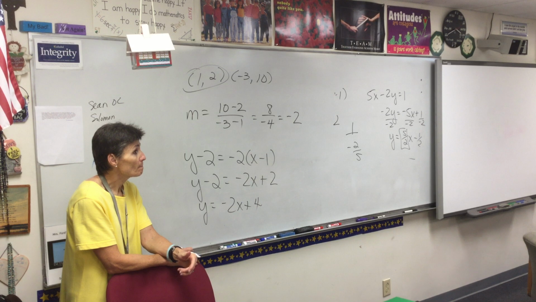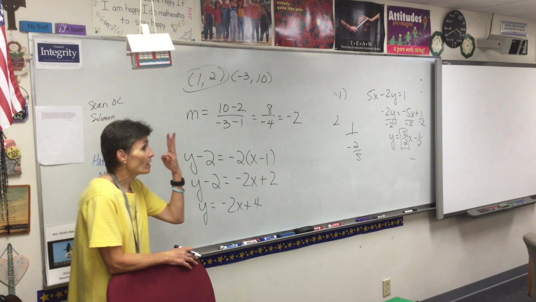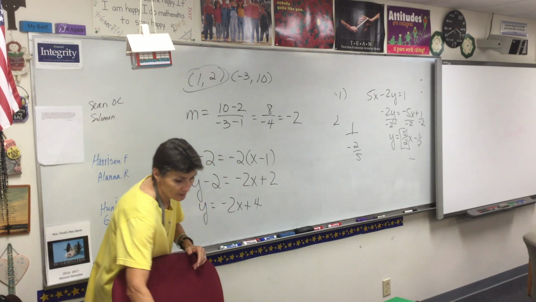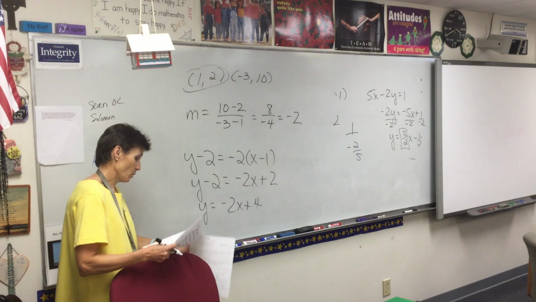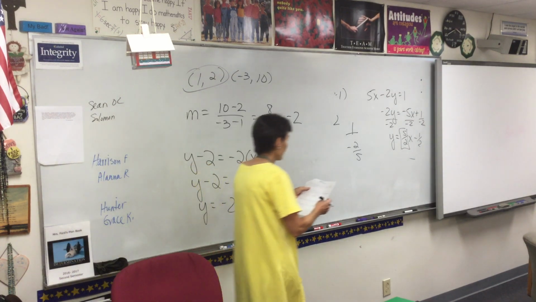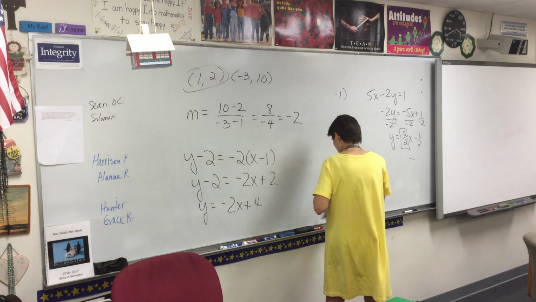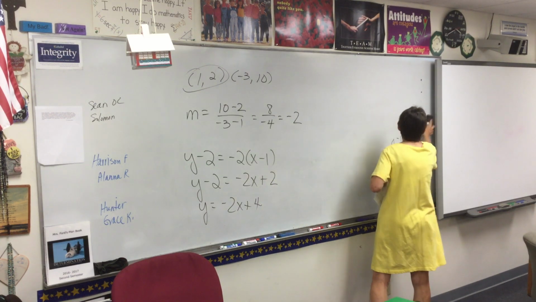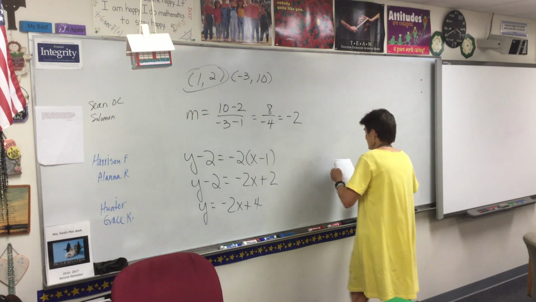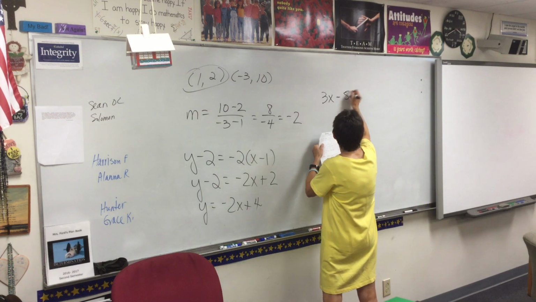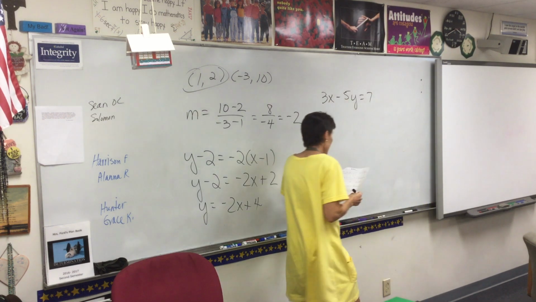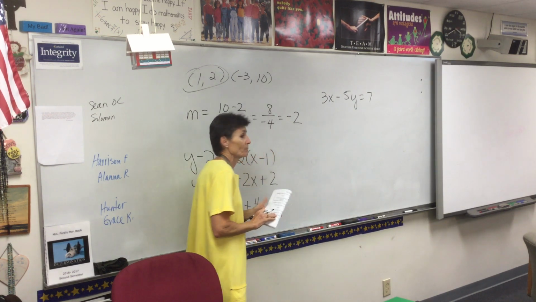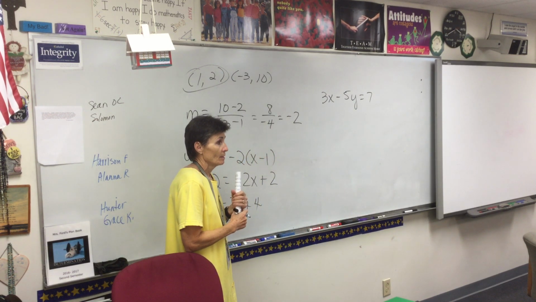Yeah, Caleb? Three hearts, number 1. This is another one just like this, only the equation is this. So we want to know what is the slope of a line perpendicular to this.